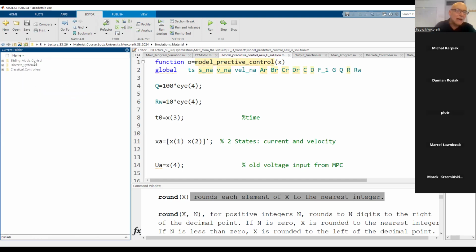You will find this folder here, discrete observer. We can see a Luenberger observer, discrete. Let me open this file.